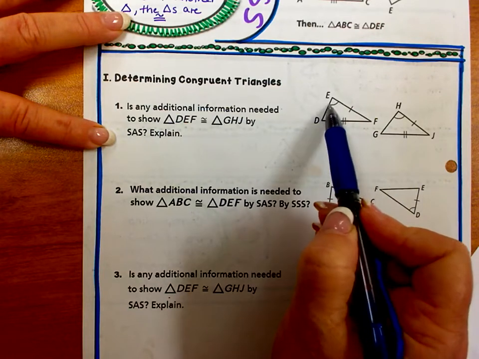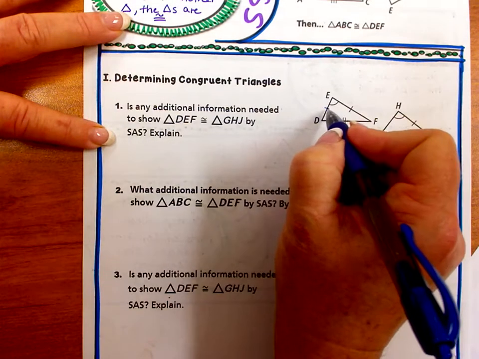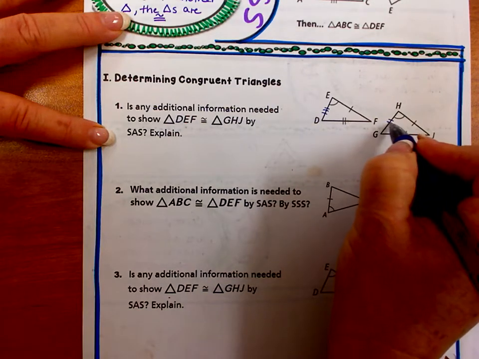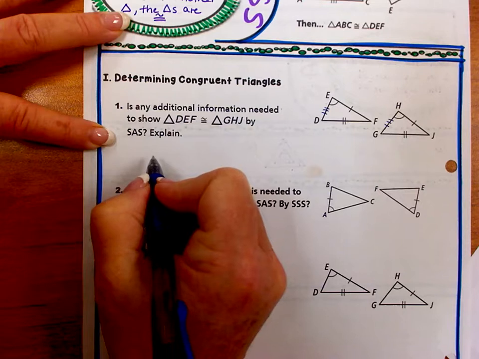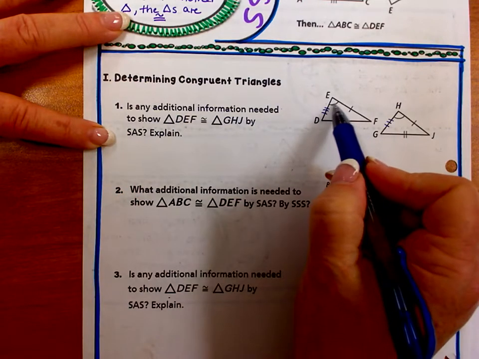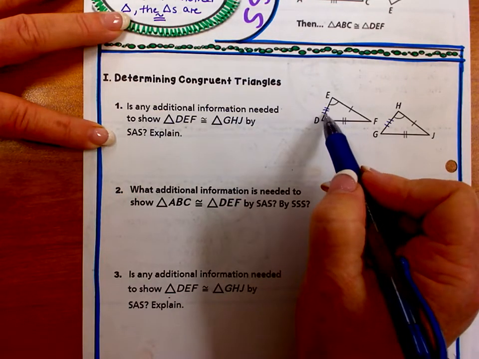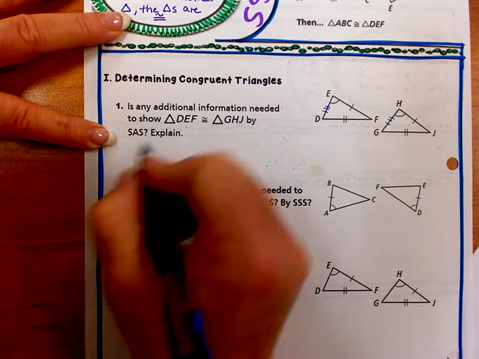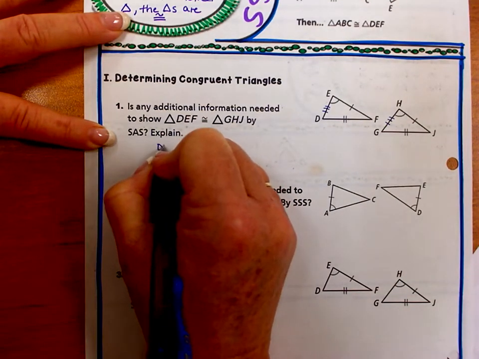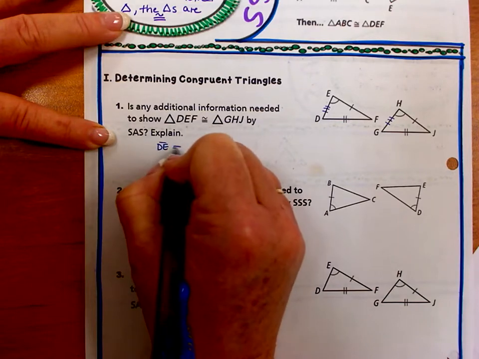So to use this angle, we would need to show that side DE and GH are congruent. And then we would have the angle that's formed by those two sides.